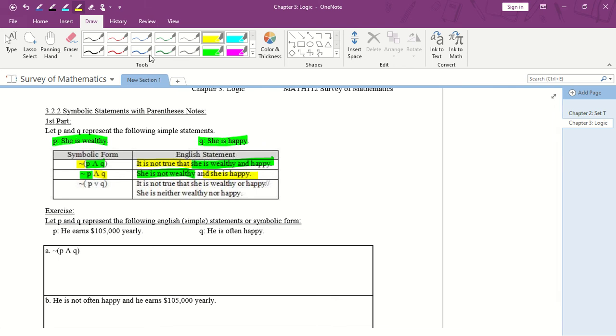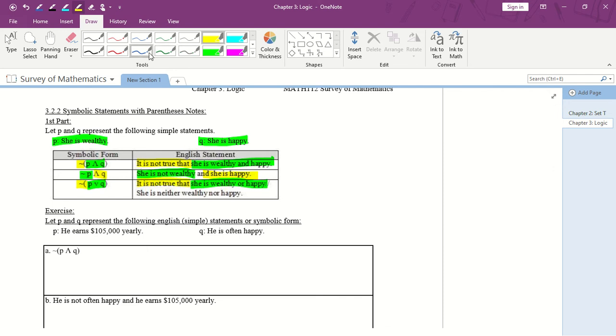And the next one, P or Q. Can you see P or Q? So here it says that P or Q means she is wealthy or happy. She is wealthy or happy. And you see, if there's a parenthesis here, I mean the negation with the parenthesis, it says it is not true that.